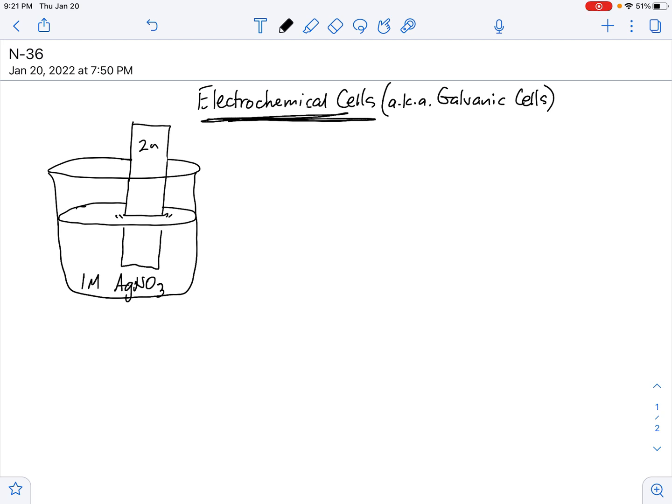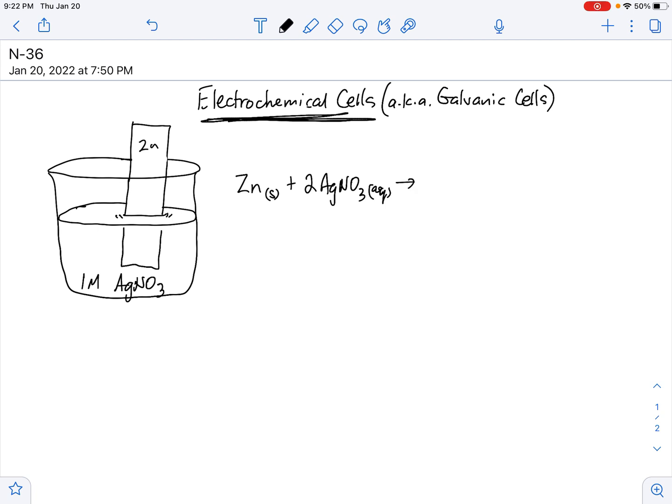So if you take a piece of zinc and put it into a solution of silver nitrate, a reaction where you're taking an elemental metal and putting it into a solution of an ionic compound, a single displacement is going to occur. Now I know what the reaction is, so I'll balance it as I'm going.